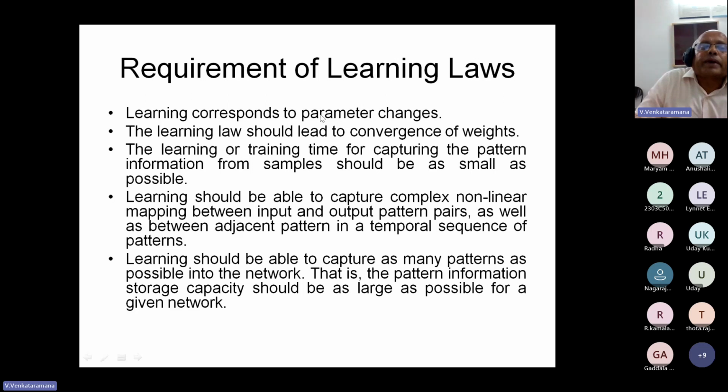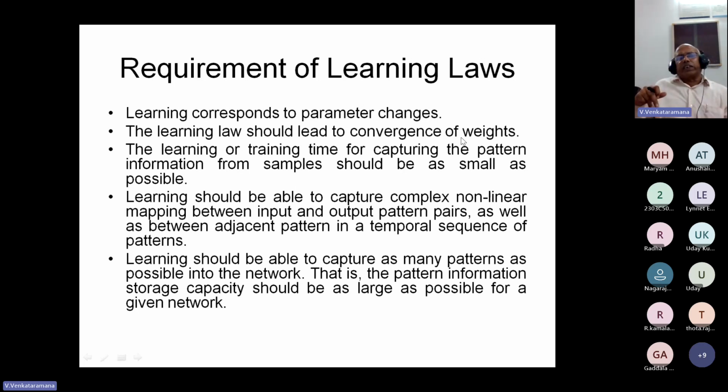Learning corresponds to parameter changes. What parameter is changing here? The weight parameter is changing. In all learning laws, I compute the change in the weight expression to update the weights, so we require learning laws. Second point, the learning law should lead to convergence of weights.